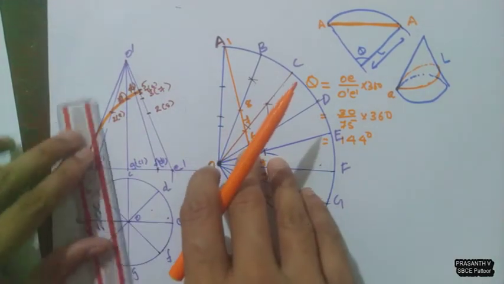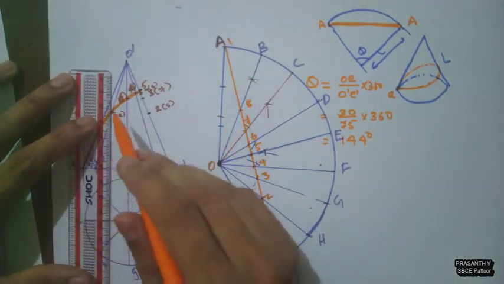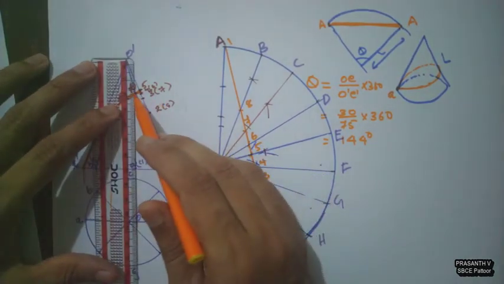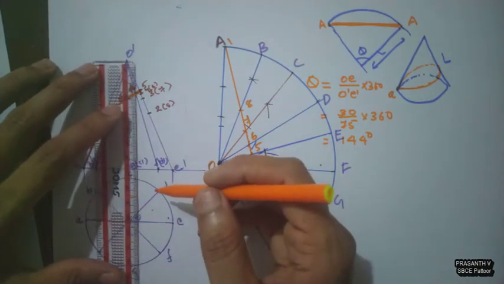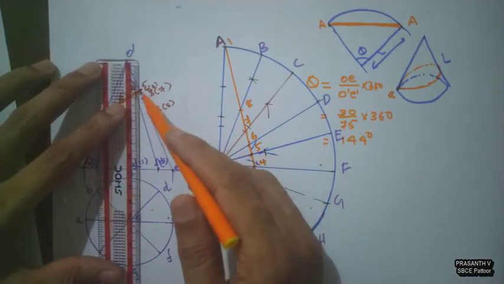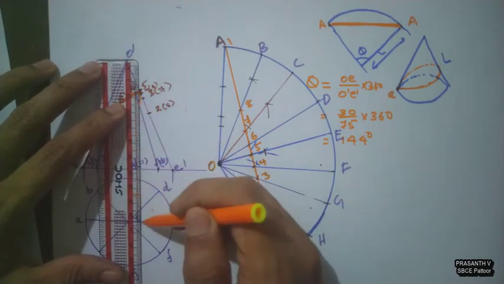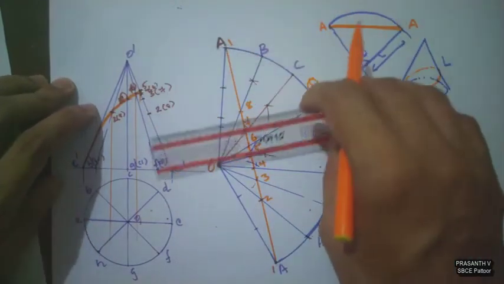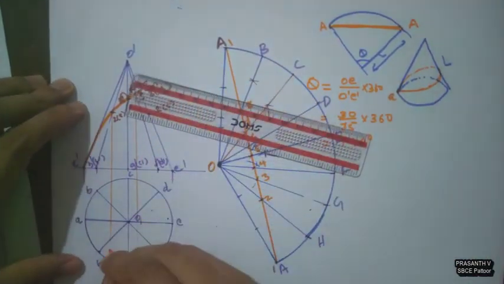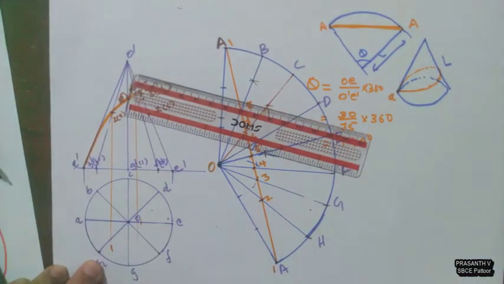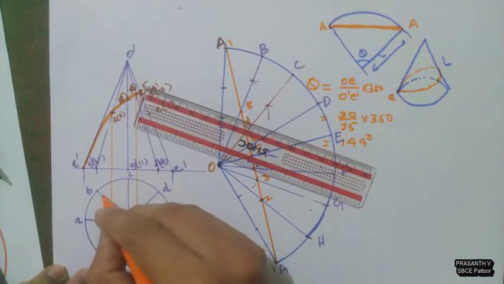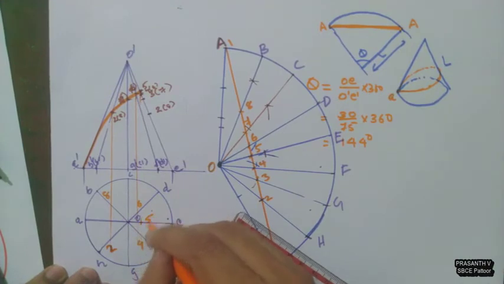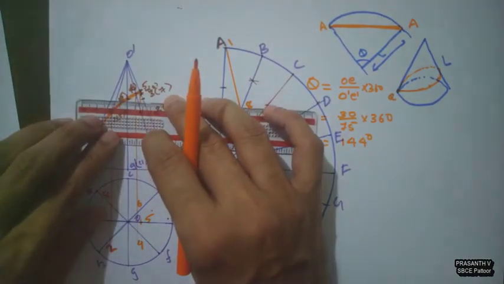Now you have to represent all these points in top view also. Simply from front view, just draw the top view. For 3 and 7, you know, this point is 2, this point 2, this is 8, 4, 6, this is 5. 3 and 7 you have to transfer to the end generator.